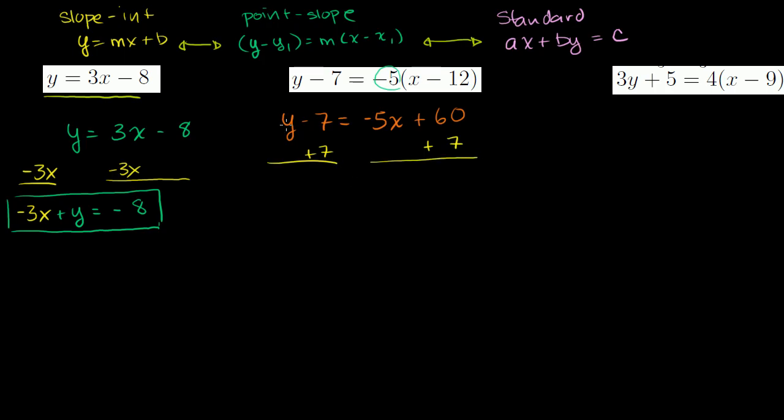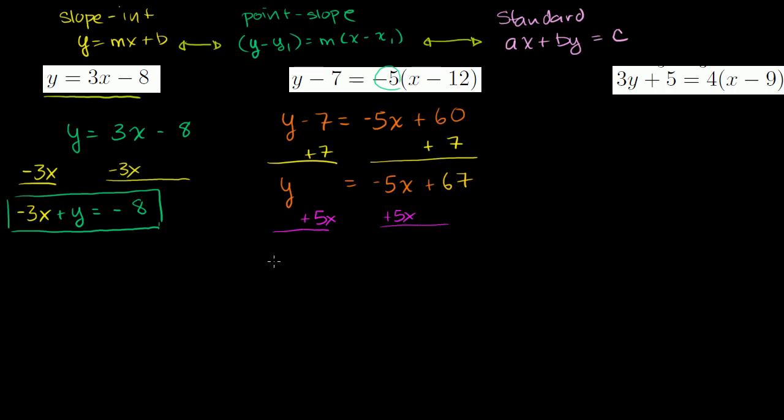What does it become? Well, the -7 disappears because -7 plus 7 is 0. So you're just left with y being equal to -5x plus 67. Now if we want this x term on the left-hand side, we can add 5x to both sides of this equation.